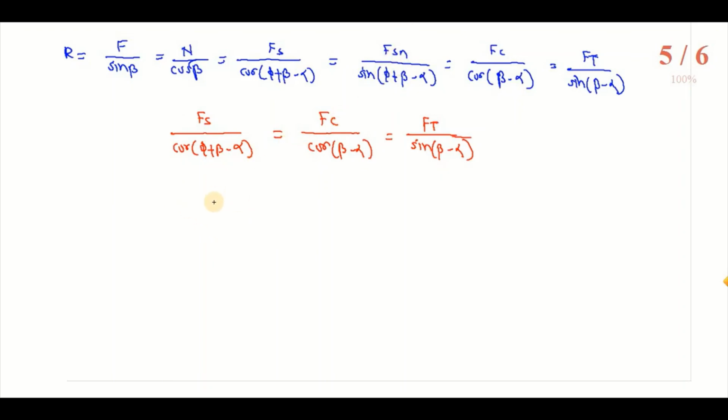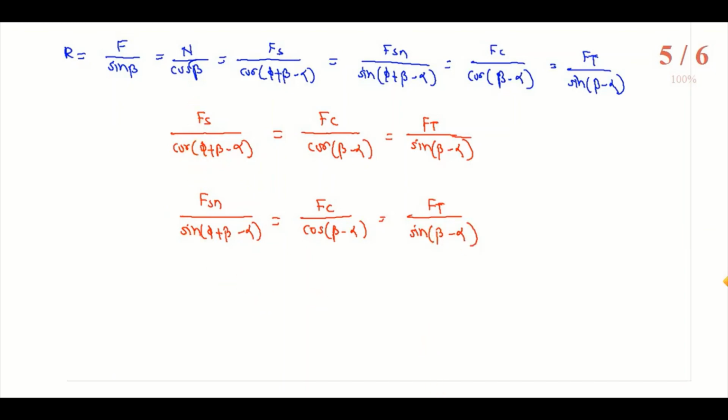Again, for the Fsn, we can write Fsn upon sin(phi plus beta minus alpha), which is equal to Fc upon cos(beta minus alpha), which is equal to Ft upon sin(beta minus alpha), for the normal to the shear force.